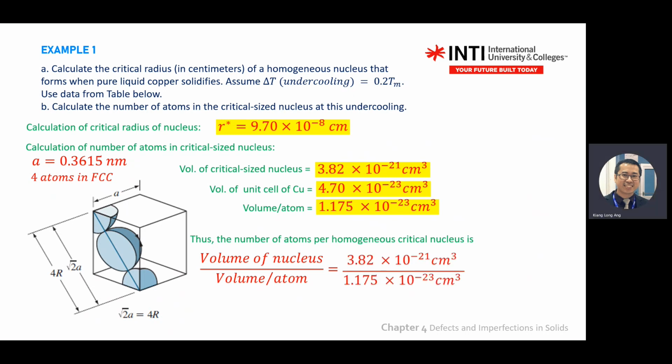Because it asks you to calculate the number of atoms in the critical size nucleus, right? You'll get 300 something, 325 atoms that appear in the critical size that meets the criteria. Okay.